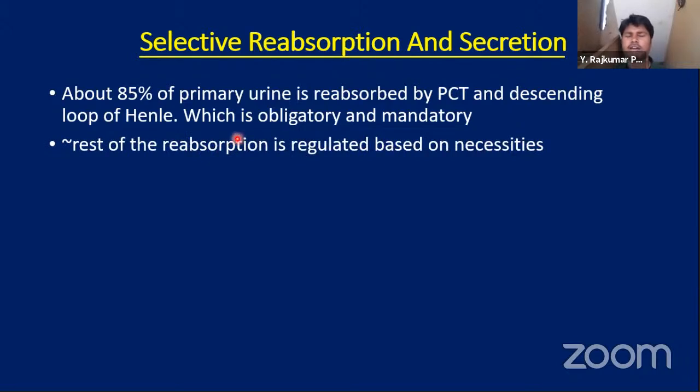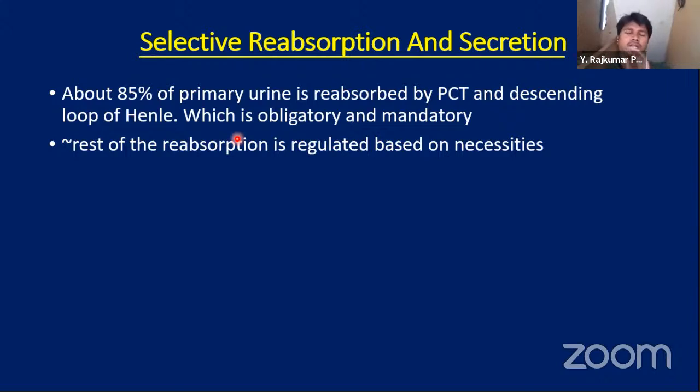So we have studied that there are 3 steps. The first step is glomerular filtration, where the primary urine is formed in a very large amount with useful substances. These useful substances which are filtered must be reabsorbed. So that is called selective reabsorption. Why? Because the reabsorption is so selective.